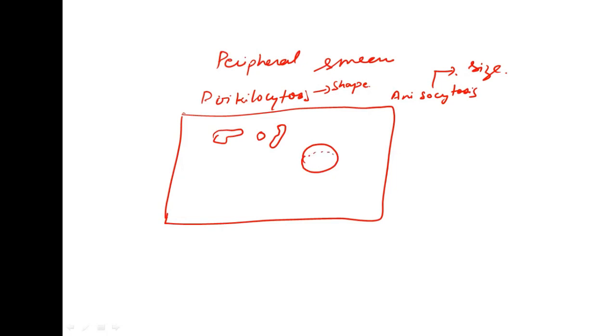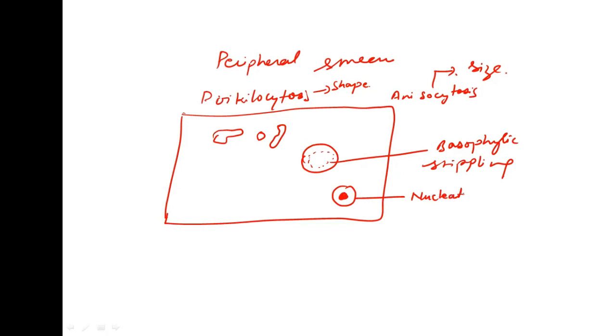And this you can see. This is called basophilic stippling. You can see nucleated RBCs. Target cells are like this.